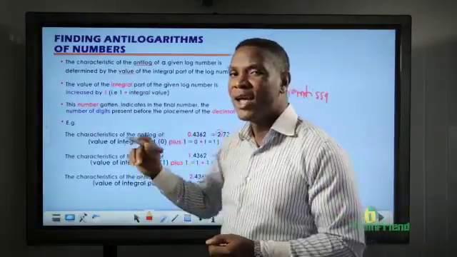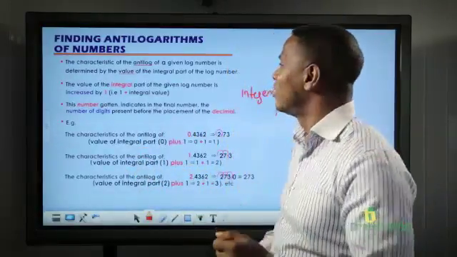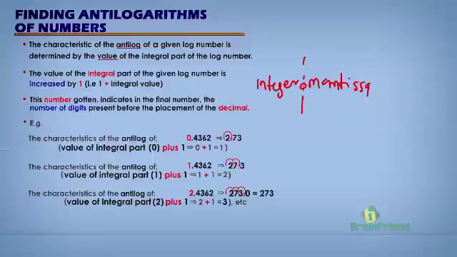Now, to find the antilogarithm of a given log number, the integer part, which is also known as the characteristic, is determined by the value that is within our log number. Take, for instance, this number here. The value of our integer in this part is 0.